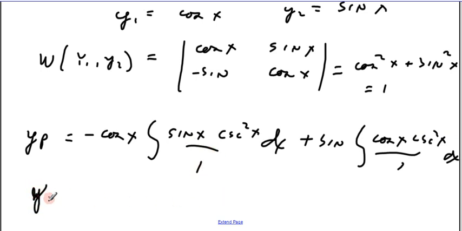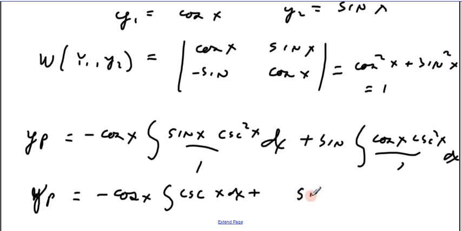So y sub p equals minus cosine x integral secant x cosecant x dx plus sine x integral cotangent x cosecant x dx.